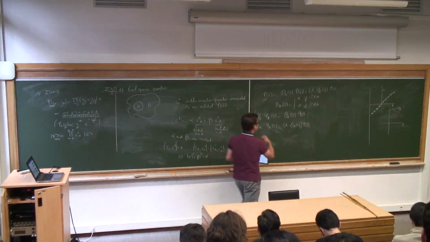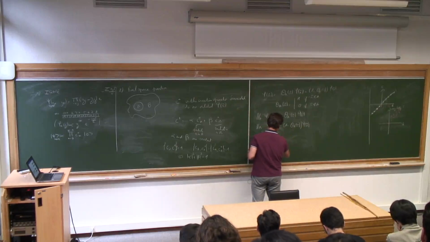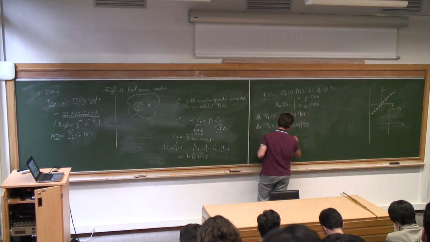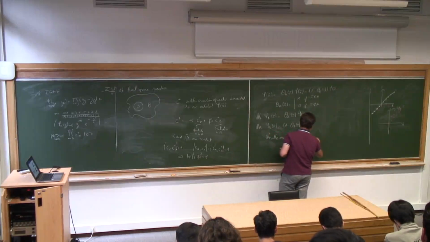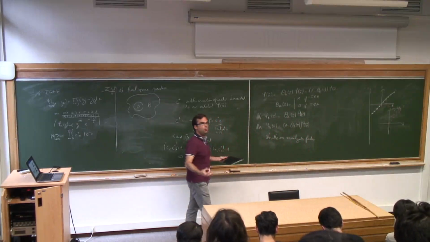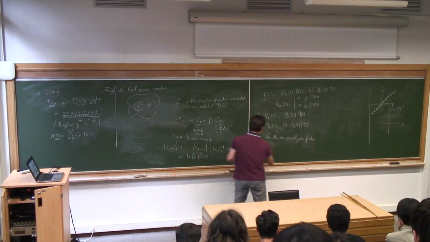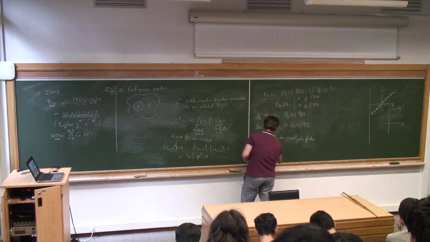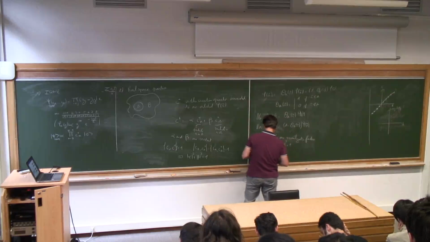The NA and NB are just normalization factors. We want the phi A and the phi B wave functions to be properly normalized when you integrate over A or over B. You want the integral over A dr of phi A of r to be equal to 1.